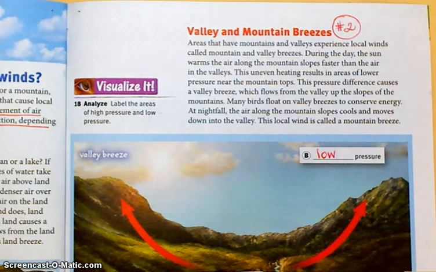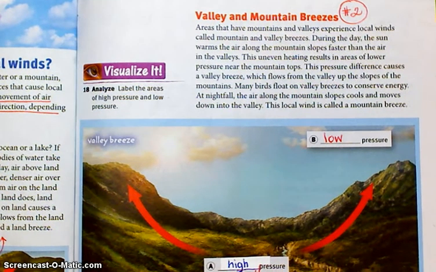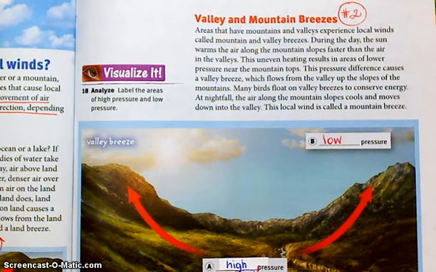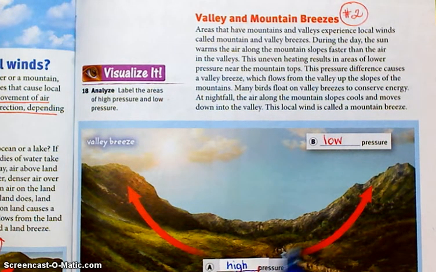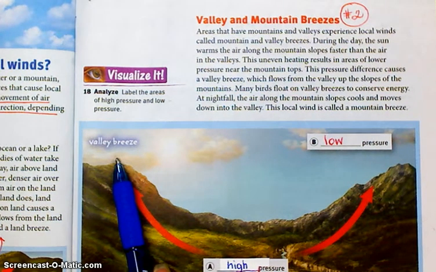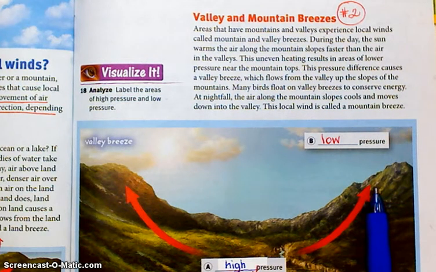Okay, valley and mountain breezes are sort of similar. They're local breezes. You have high pressure during the day at the bottom of the valley, and that's going to flow up the sides of the mountain to areas of lower pressure. Please understand that winds always blow from high pressure to low pressure. Okay?